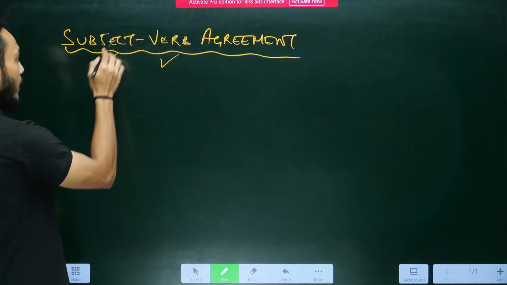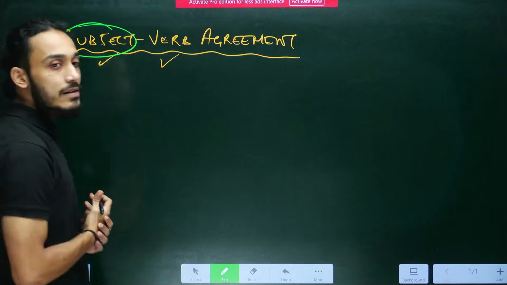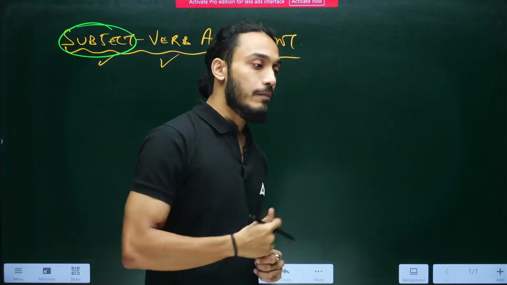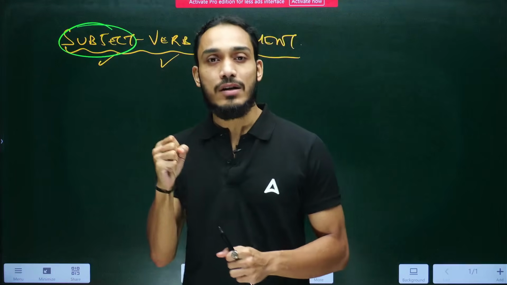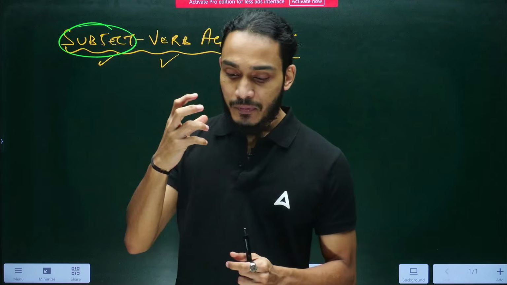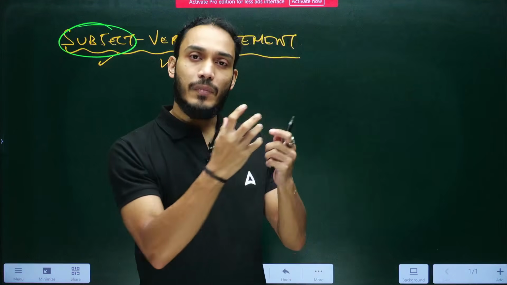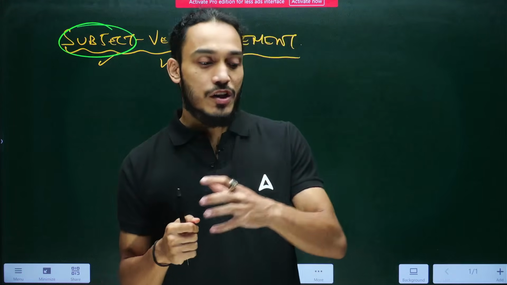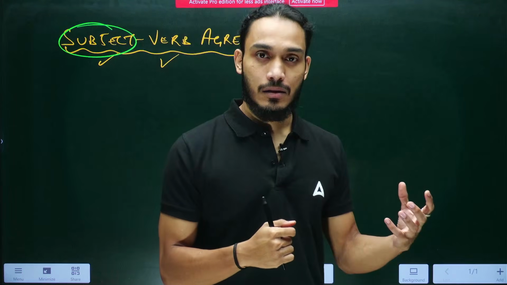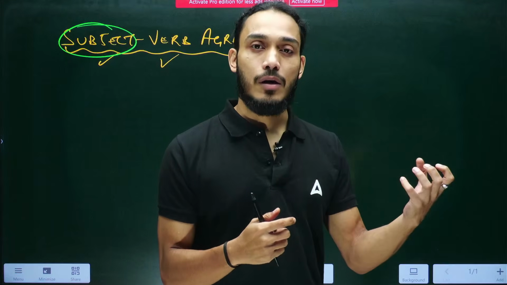The subject in a sentence is basically that particular word which acts as the focal point or the main anchor of the sentence, which basically dictates what the verb will be.